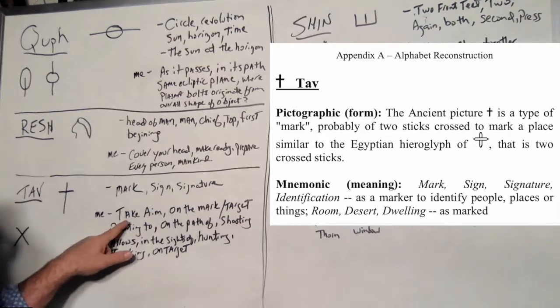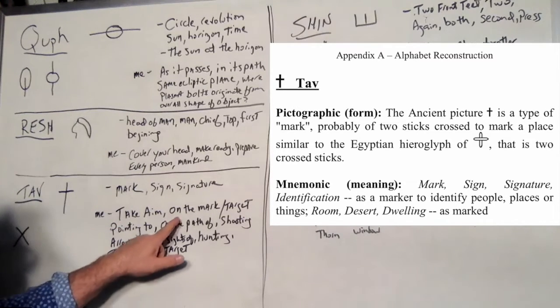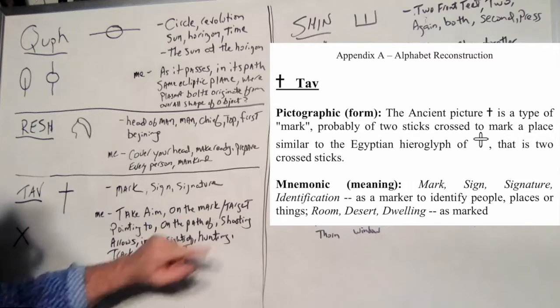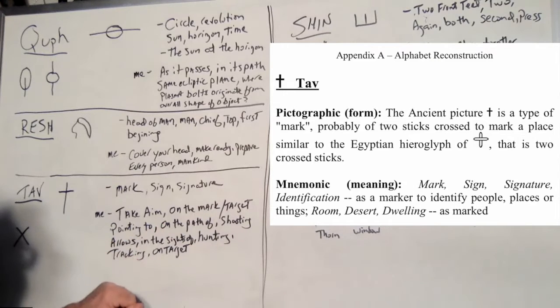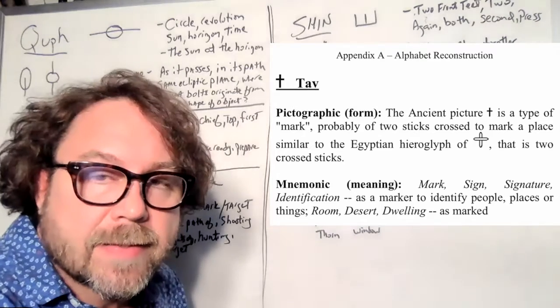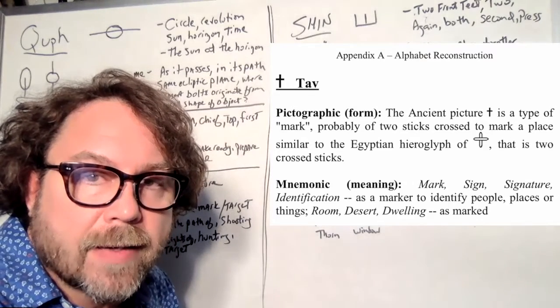Okay, so I'm saying take aim on the mark or target, pointing to, on the path of, shooting arrows, in the sights of, hunting, tracking, on target, on target.